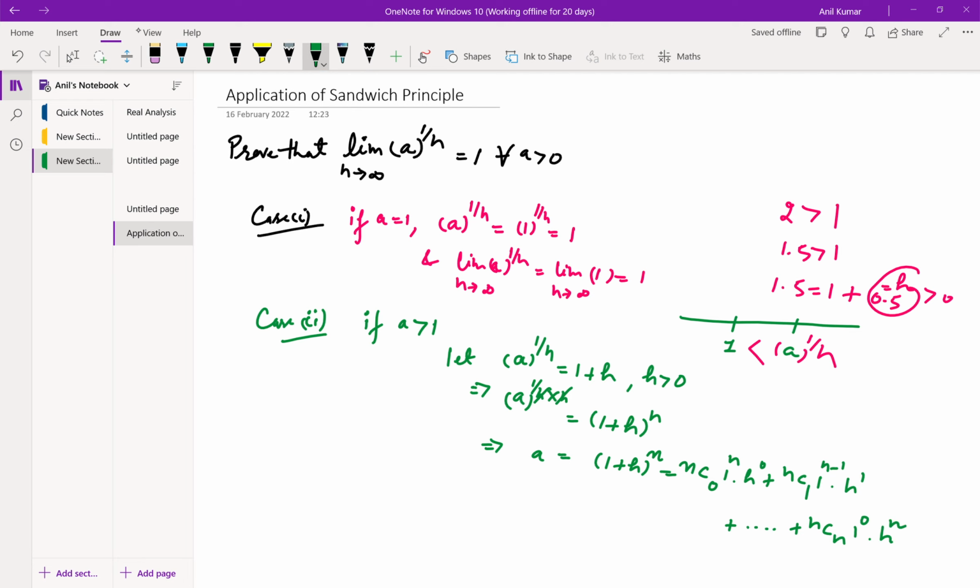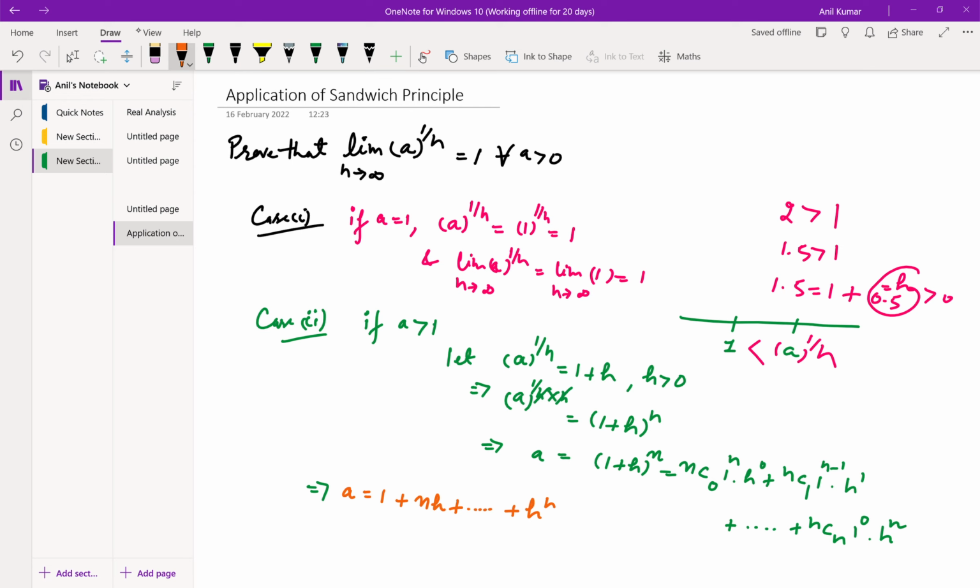So this gives us a is equal to, nC0 is 1, so the first term will be 1 plus the second term will be n times h and so on up till h raised to the power n.